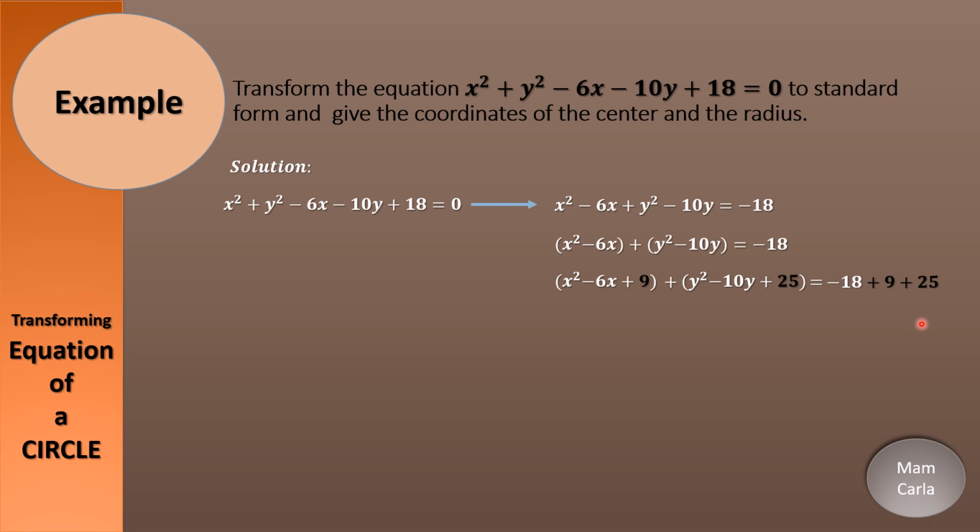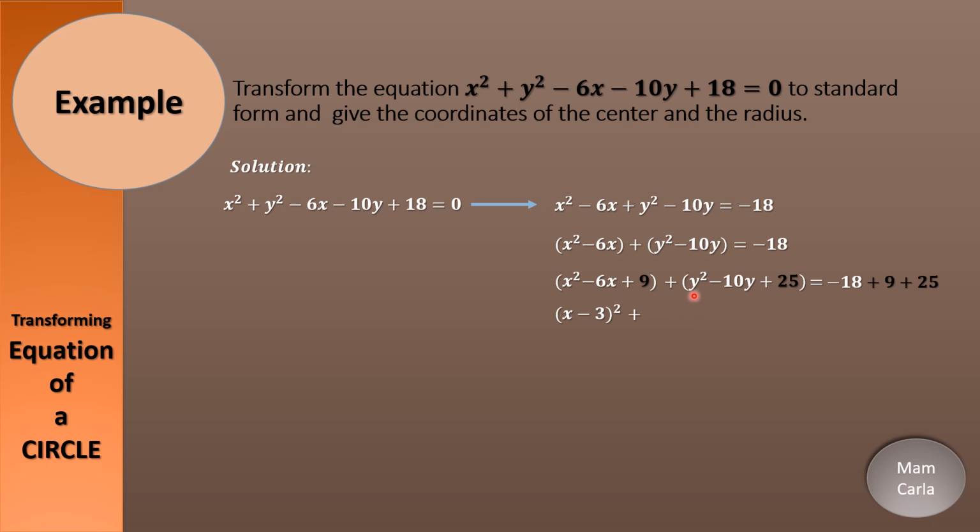So it will become now negative 18 plus 9 plus 25. Now we have to convert this into a square of binomial form, and that is quantity x minus 3 squared. Square root of x squared is x, and the square root of 9 is 3. And then you just copy the middlemost sign.